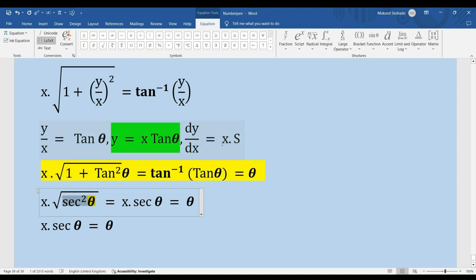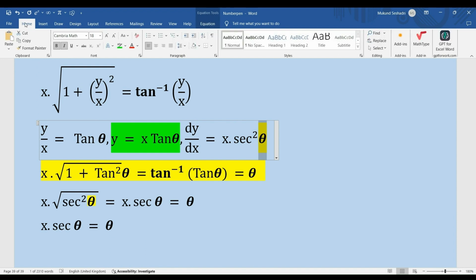But remember, folks, we are differentiating this with respect to x. So I still need to differentiate the inner theta with respect to x, right? So let's do d theta by dx. All that we are doing is differentiate tan theta with respect to the inner theta and then differentiate theta with respect to x, right?